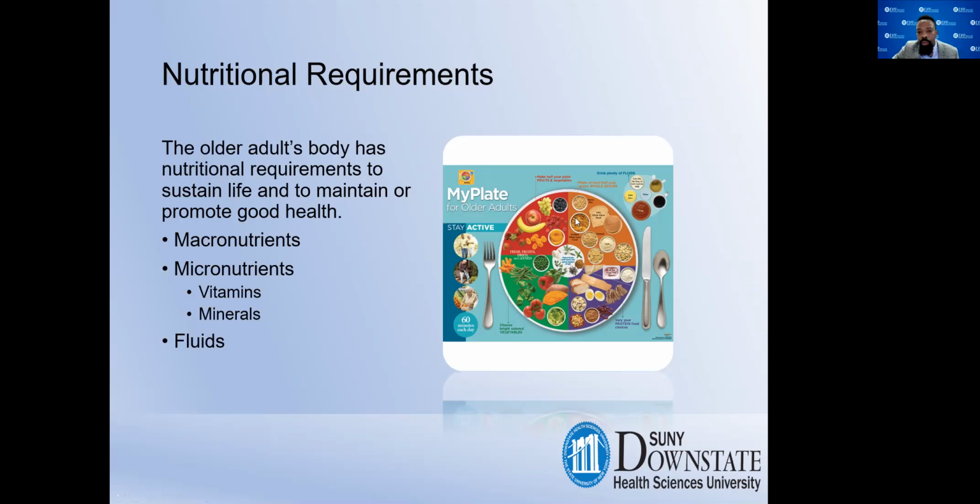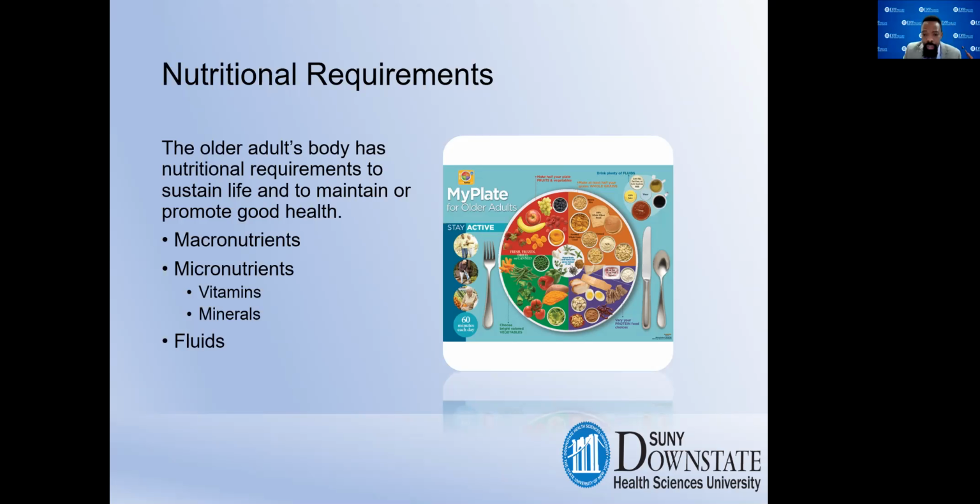Now, on the right side of the slide, there's a diagram of My Plate for older adults. When we talk about nutritional requirements, we like to think of, for lack of a better phrase, a balanced diet. Many of us are familiar with the food guide pyramid.